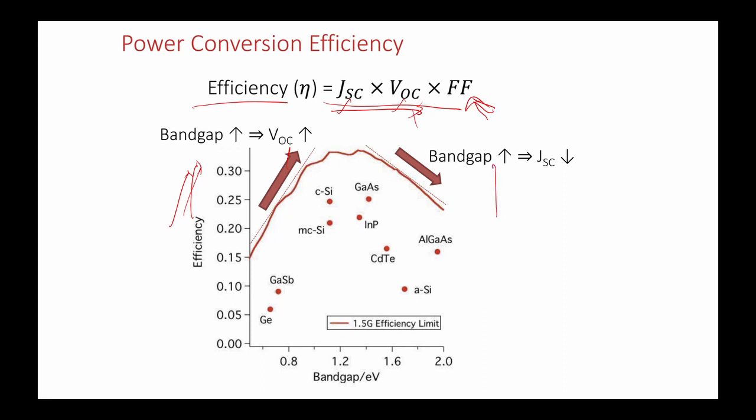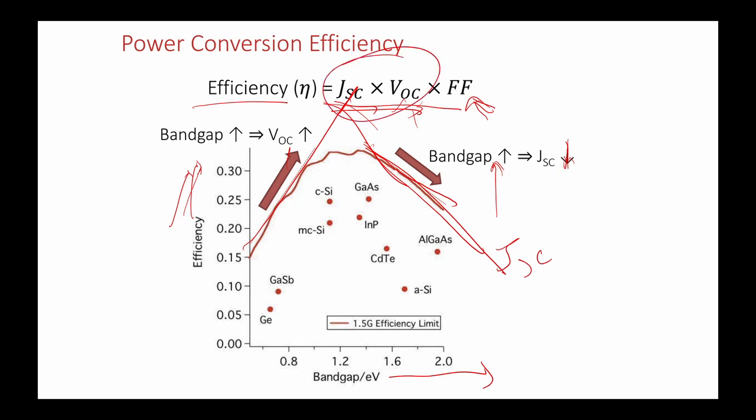If we increase the band gap, we are losing JSC, and we are increasing the VOC. So JSC multiplied by VOC, there will be a trade-off.